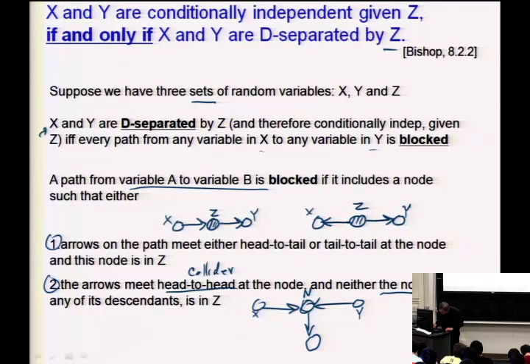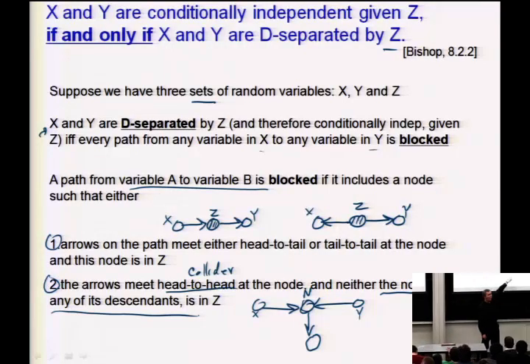So this second condition actually uses the collider network. And it basically says you can block the path from here to here as long as you don't know anything about this node. And that means both this thing has to be unobserved and so must all of its descendants be unobserved. Because this is not independent of its descendants.